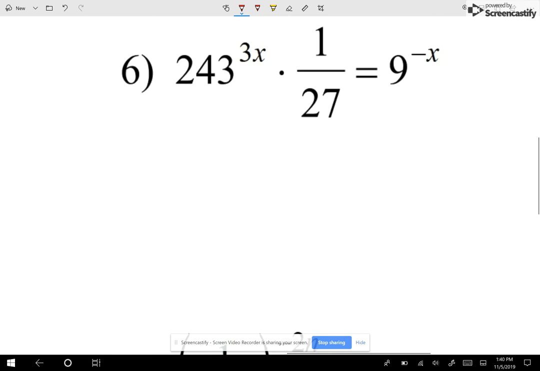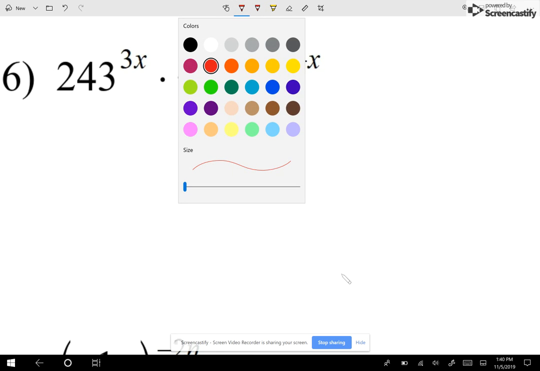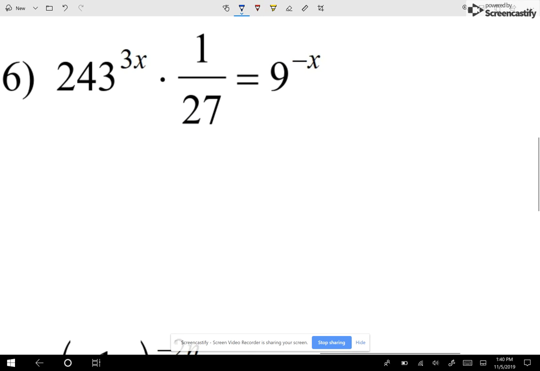Right, let's take a look at my example number 6. Yesterday we learned that 3 to the 5th is equal to 243. I know 3 to the second is 9. I know 3 to the third, let me write that right now. 3 to the third is 27.